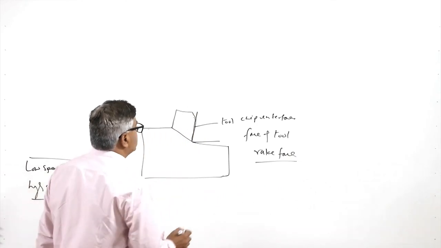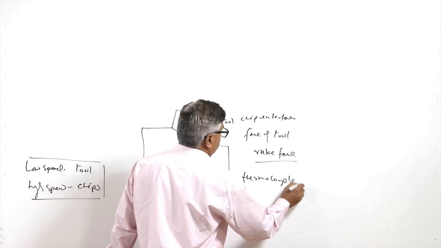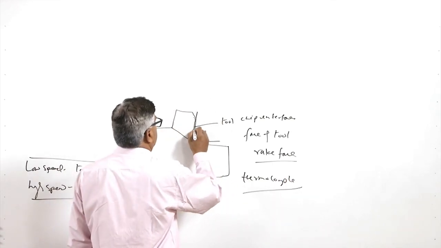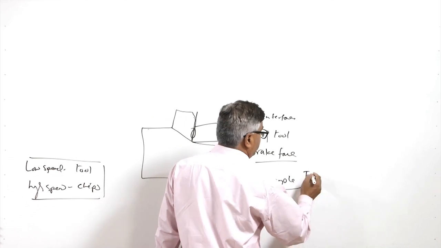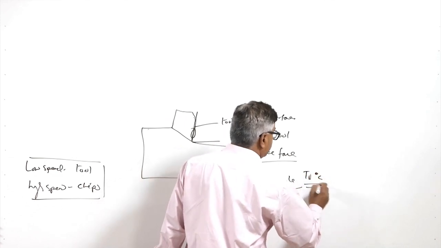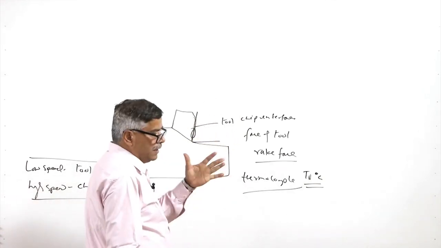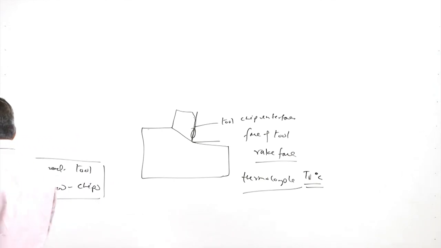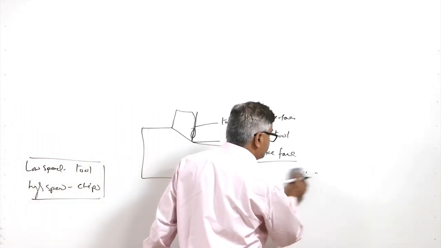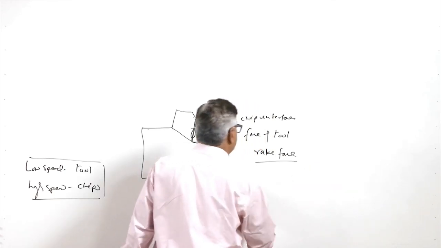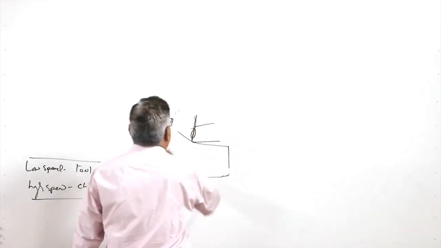Using thermocouples, temperature at the tool chip interface is measured in this zone so that the rise in temperature of the tool can be established. The purpose of this is to relate with the life of the tool, because rise in temperature leads to the change in hardness, increased chemical reactions, increased diffusion, and these mechanisms will be leading to the deterioration in the tool performance.